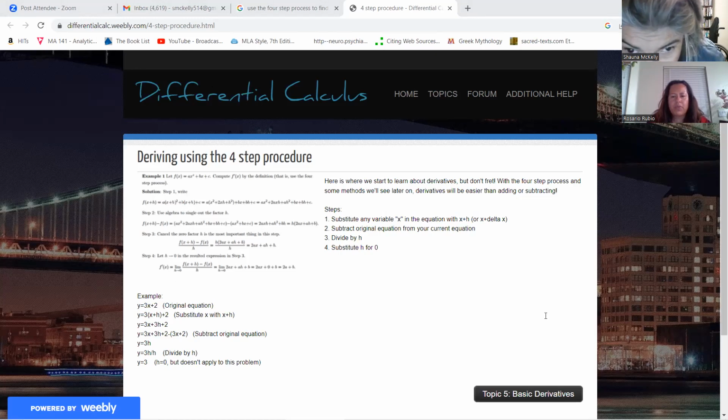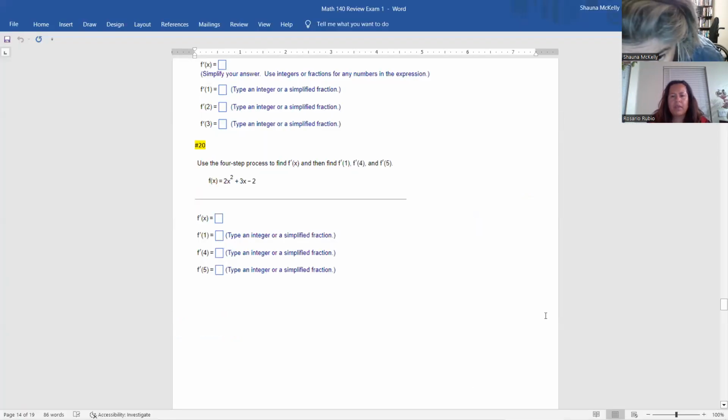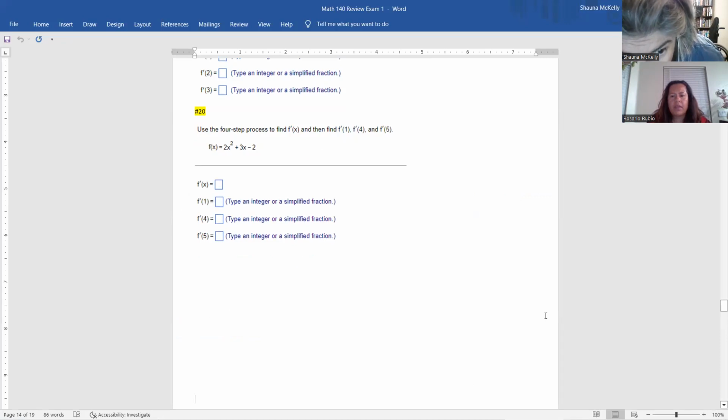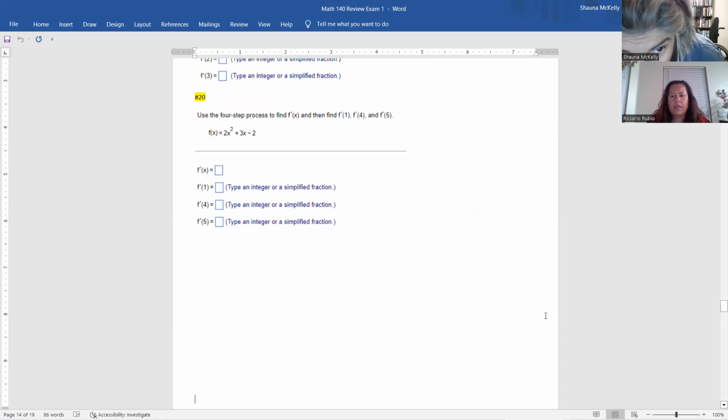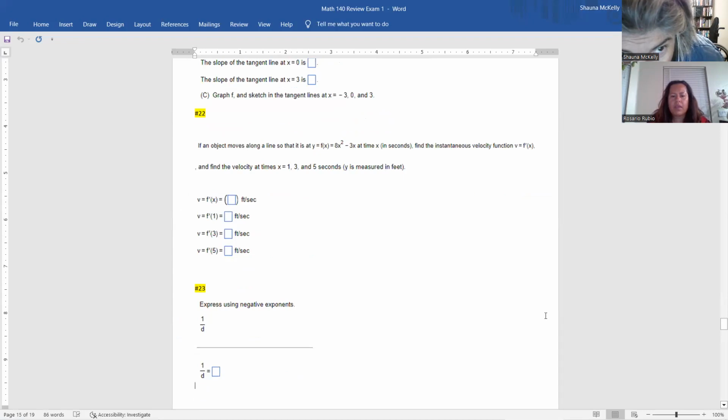Well, then it says, okay, so we're using the 4 steps a few times, finding the slope of the tangent line, find the instantaneous velocity function. Then we've got some algebra down here.